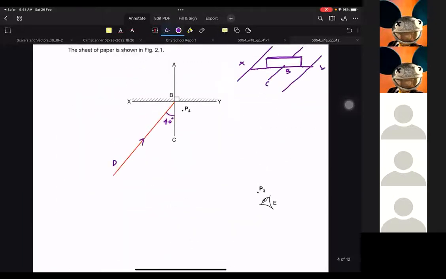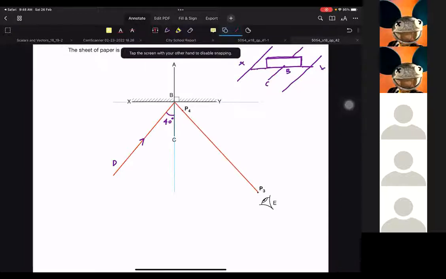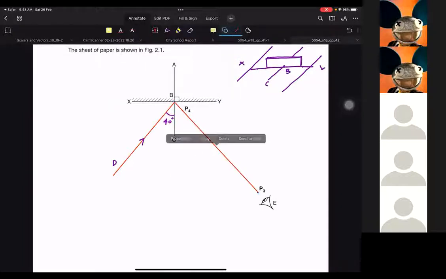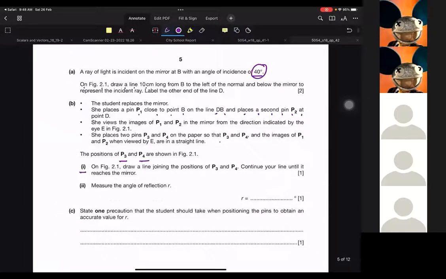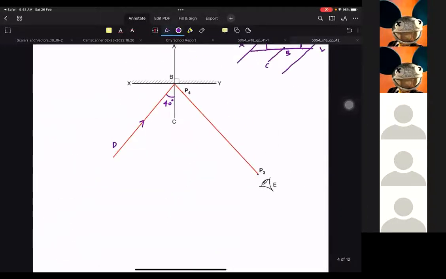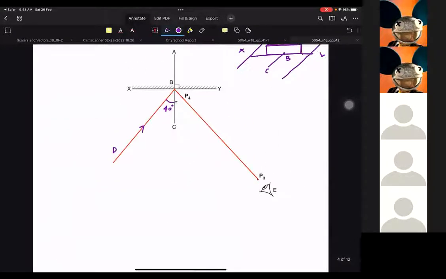So I'm going to use my ruler and draw a line exactly like this so that it just reaches the mirror. That's what they've instructed you to do. Then they say measure the angle of reflection. Now you just need to put your protractor and measure this angle.